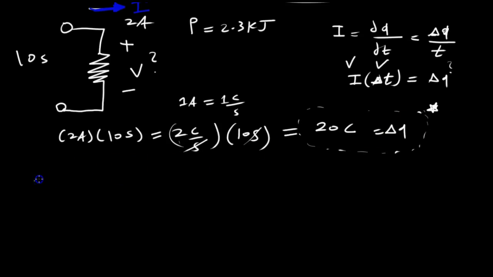Power is given by dW/dt, which we found out was just voltage times current. And let's see, what else do we know?